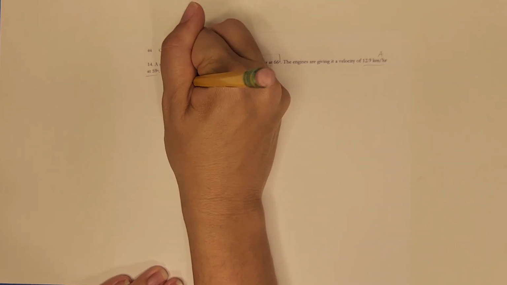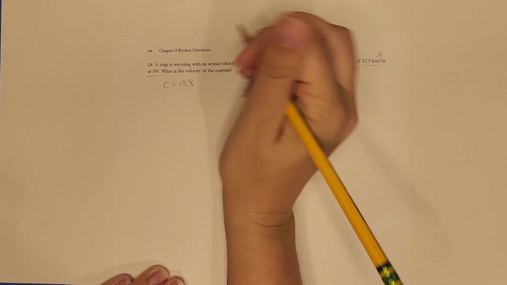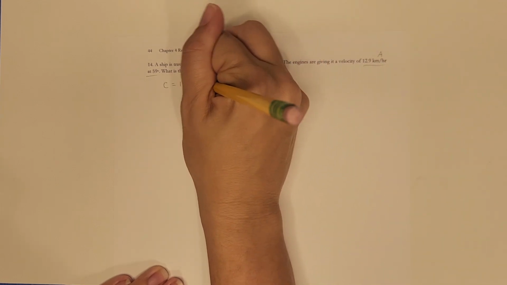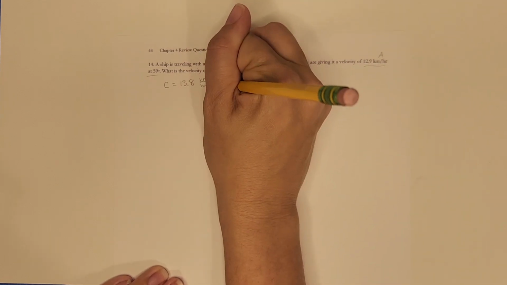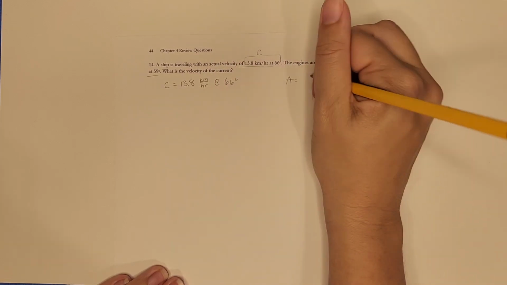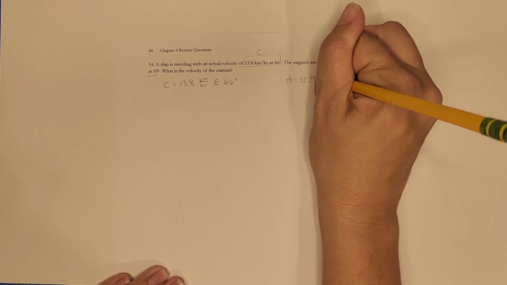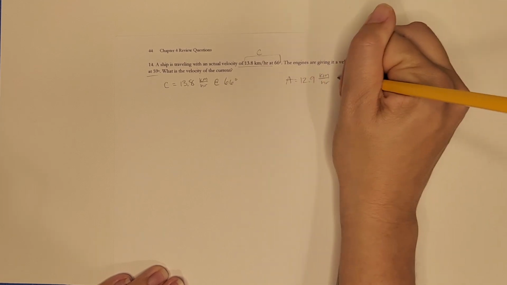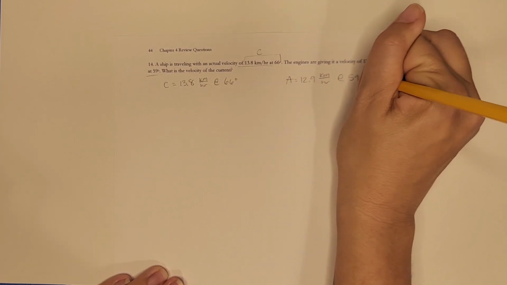C equals 13.8 kilometers per hour at 66 degrees, and A equals 12.9 kilometers per hour at 59 degrees.